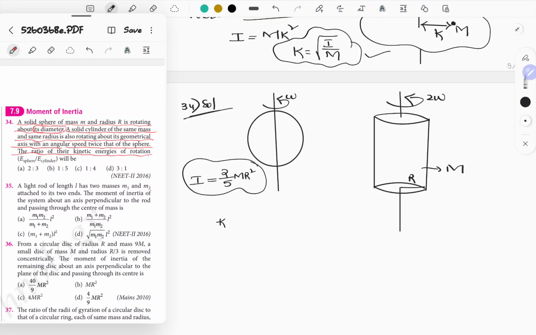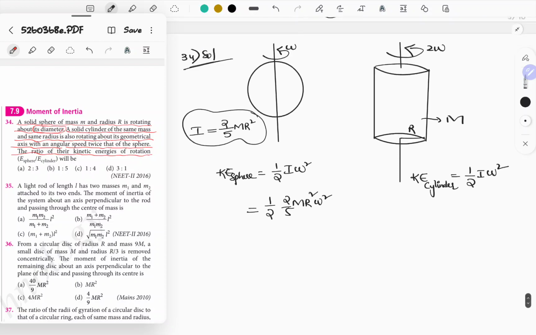The kinetic energy of the sphere is equal to 1 by 2 I omega square, right? And the kinetic energy of the cylinder is also equal to 1 by 2 I omega square. In this case, what's the moment of inertia of the sphere? 1 by 2 times 2 by 5 m r square omega square. Very good.